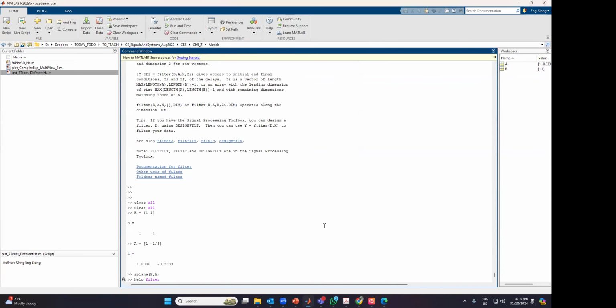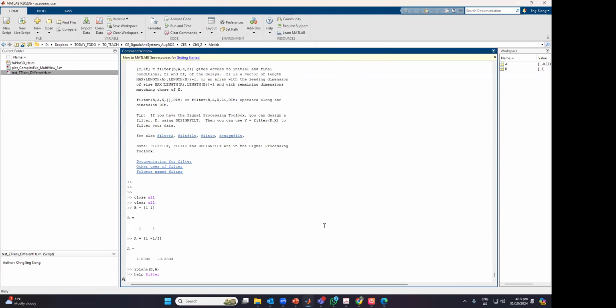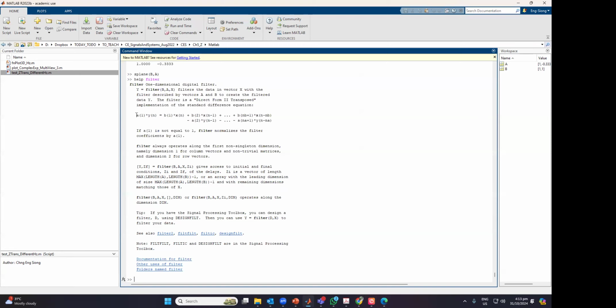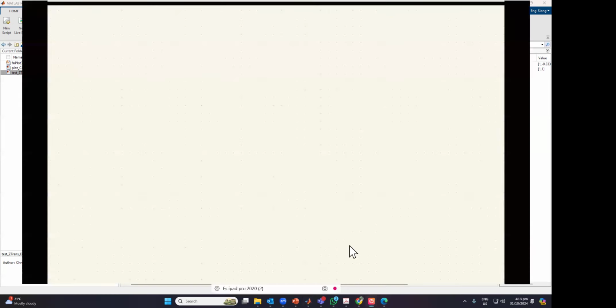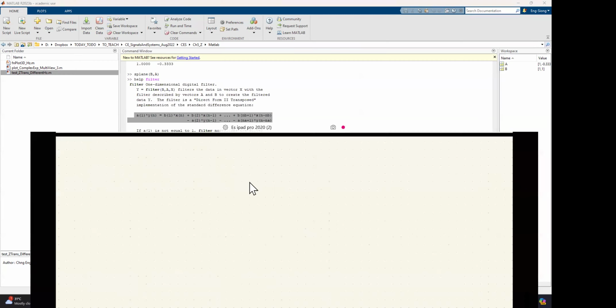So you realize that MATLAB uses B and A as the coefficients of the difference equation. So you must be very careful. So I'm going to write the difference equation for you now. This highlighted blue, I'm going to repeat here so that you know what I'm talking about.